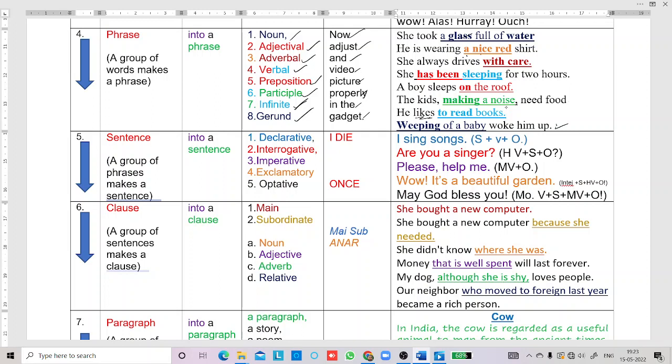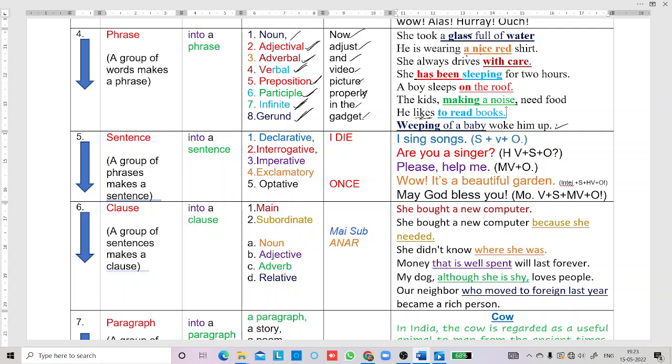Next one, what is a sentence? A group of phrases makes a sentence. Now we have seen noun phrase, adjective phrase, adverb phrase, verbal phrase, prepositional phrase, participle phrase, infinitive phrase, and gerund phrase. Now a group of phrases will make a sentence.